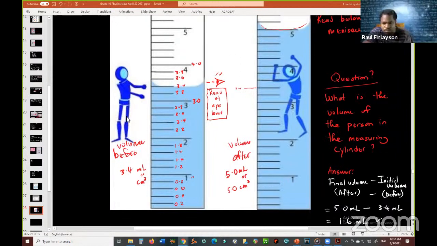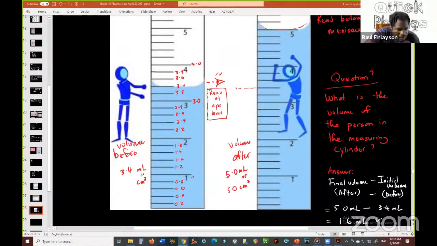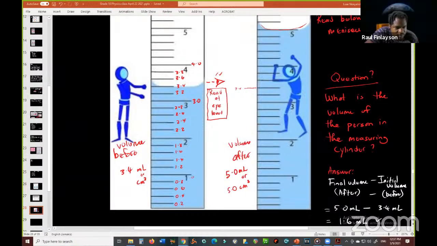Okay, so some person was saying that the screen is blurry. Is the screen blurry to any of you guys here? Screen still blurry?